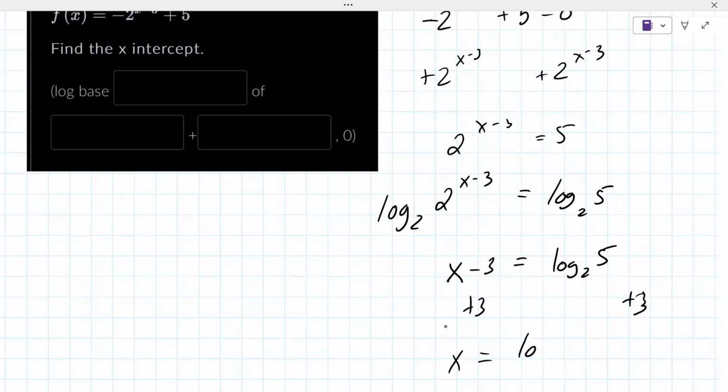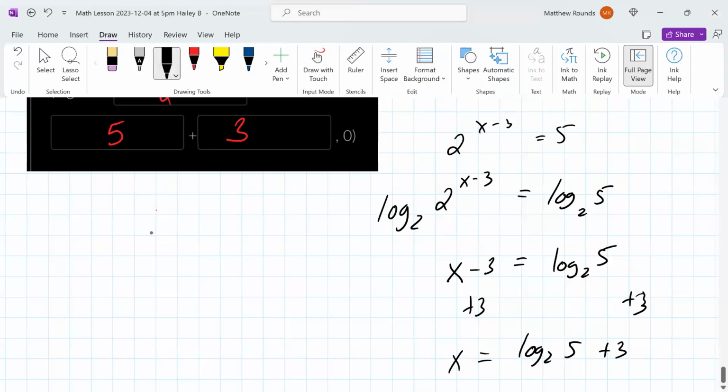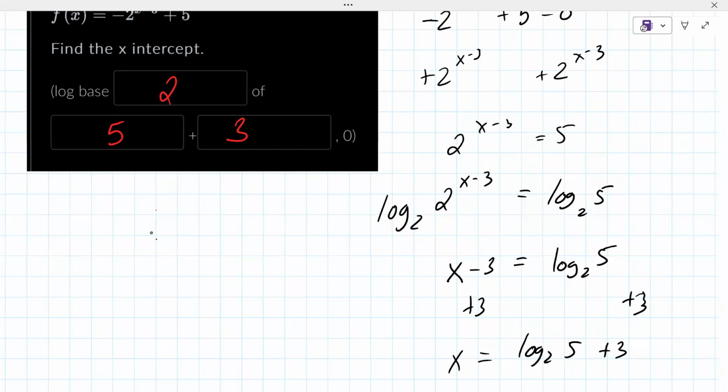So your x ends up being log base 2 of 5 plus 3, and now you've got everything. It's weird to enter it this way.